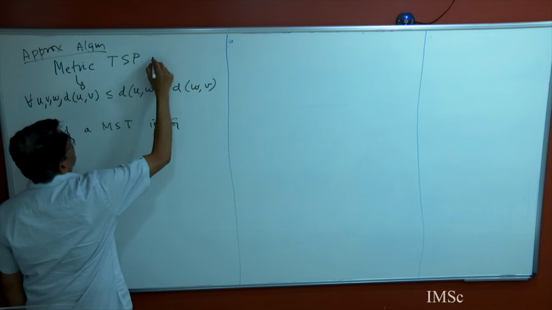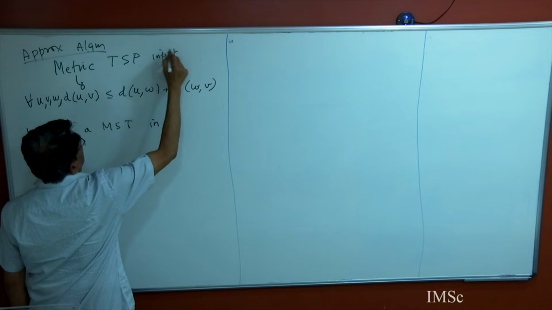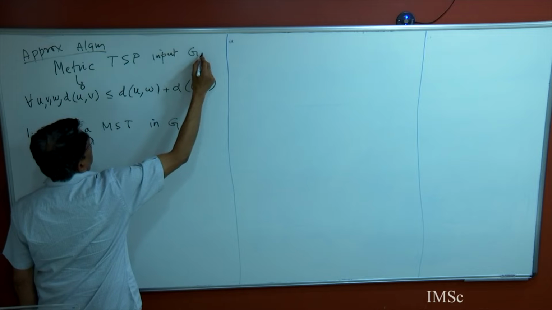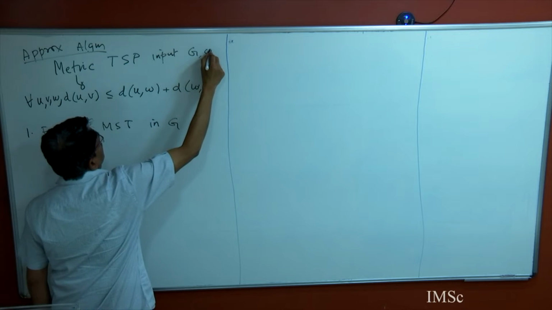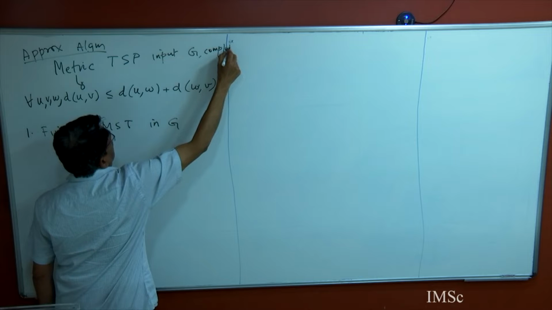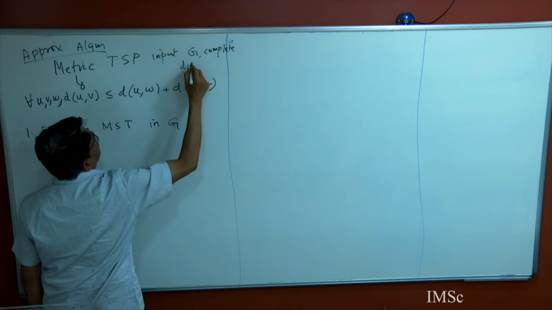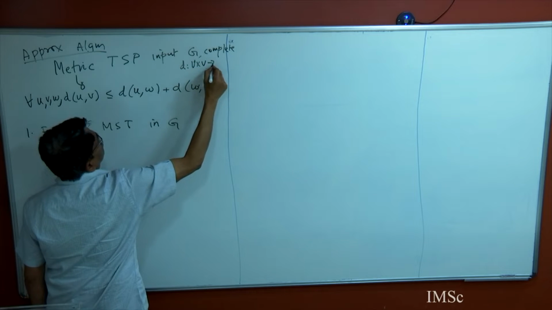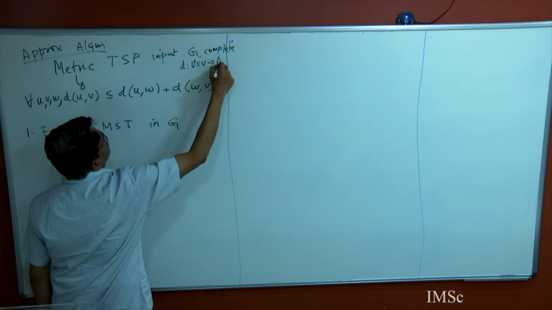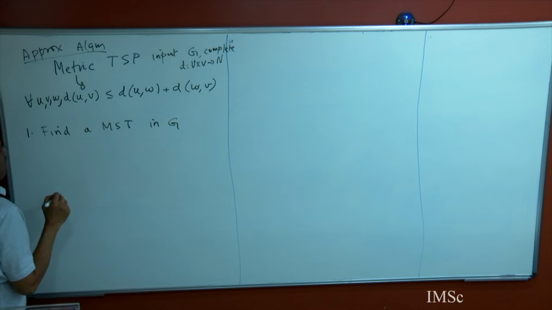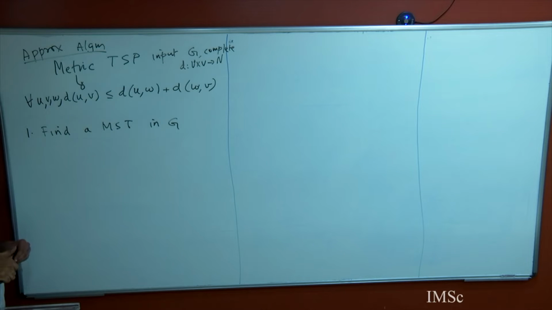My input is G, it's complete, and there are distances, natural numbers. You can find a minimum spanning tree in almost linear time.